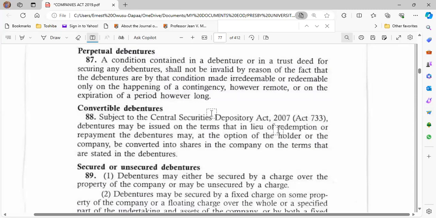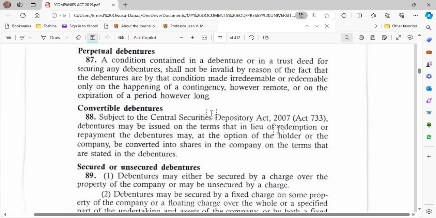Remember, when we started discussion of debentures, we made the point that unlike shareholders who are members of the company and whose money, apart from maybe redeemable preference shareholders, will remain in the company for as long as the company remains, when it comes to debentures, it's different.